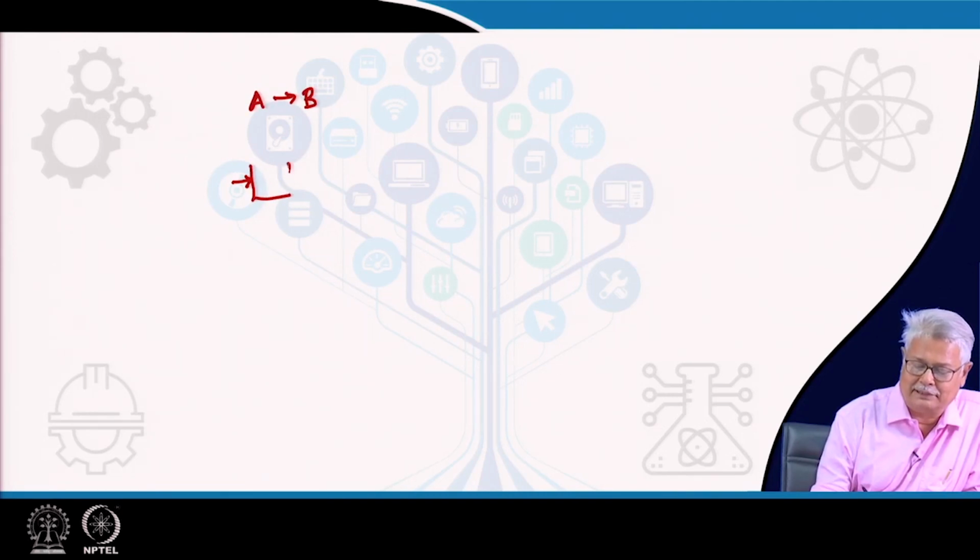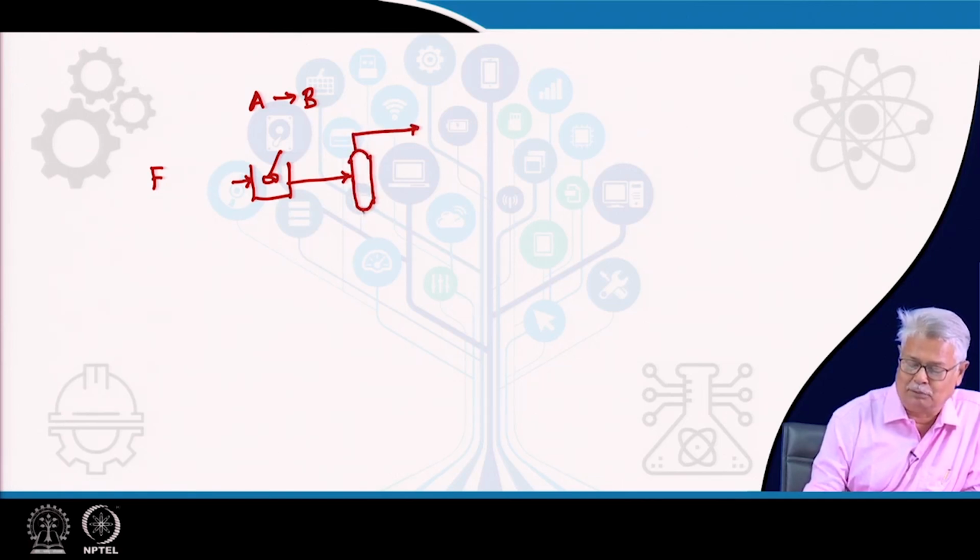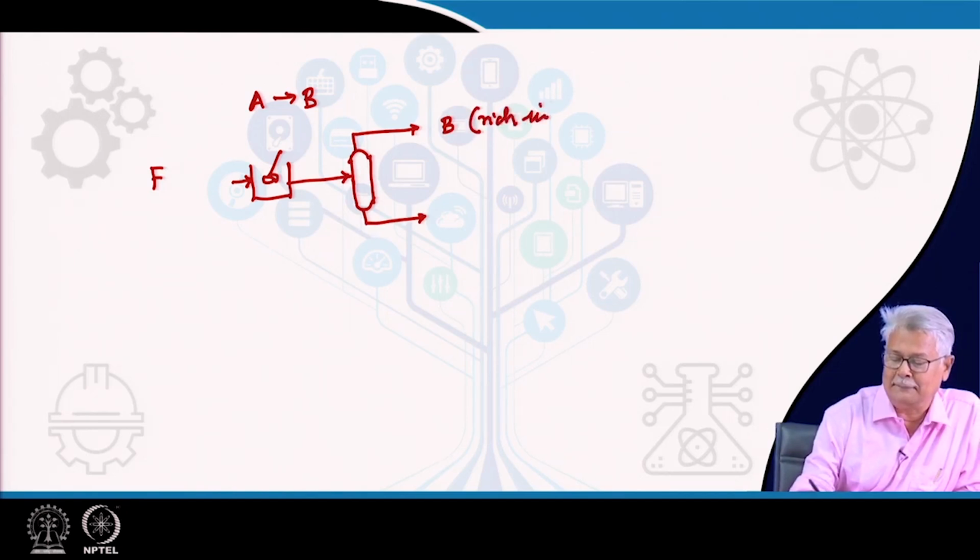And I have a CSTR here, I have a feed rate of F, I have the CSTR starting here, and it goes to a column, possibly a distillation column. It could be other type of separation arrangement also, and it produces a product of B. Basically, it is rich in B, which is the desired product, and a waste stream.